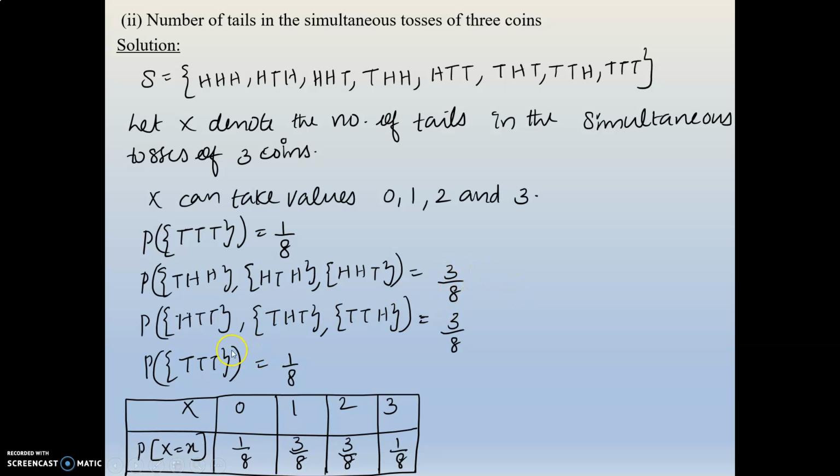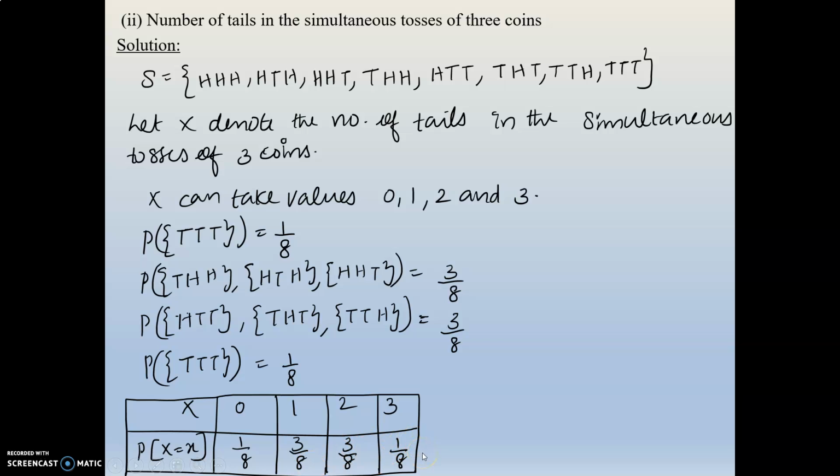So 3 upon 8. Similarly, for 2 tails, HTT, THT and TTH, we are getting 3 outcomes again out of 8. So 3 upon 8. So the probability of TTT, all the 3 coins showing tails, is only 1, so 1 upon 8. So X can take 0, 1, 2, 3, and the probabilities are 1 upon 8, 3 upon 8, 3 upon 8 and 1 upon 8.